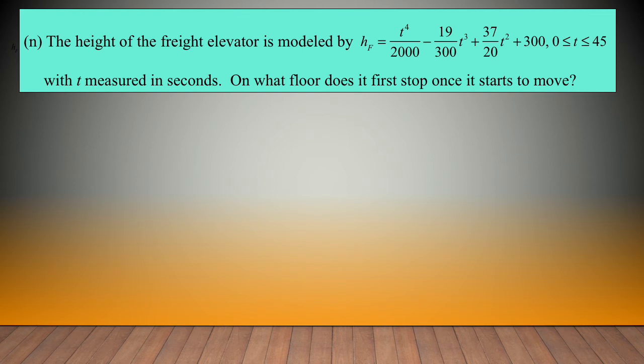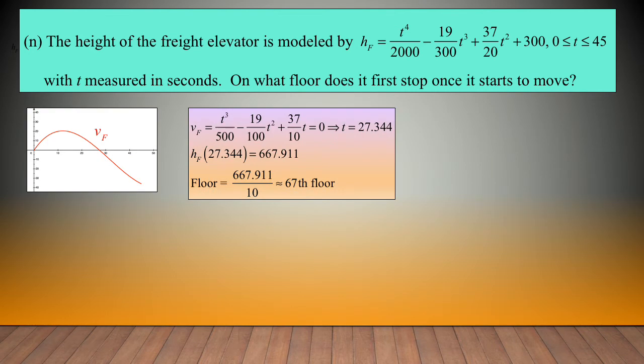Question N reads, the height of the freight elevator is modeled by h sub f is equal to t to the fourth over 2,000 minus 19 300ths t cubed plus 37 20ths t squared plus 300, where t is a number between 0 and 45 with t measured in seconds. And we want to know on what floor does it first stop when the elevator starts to move.